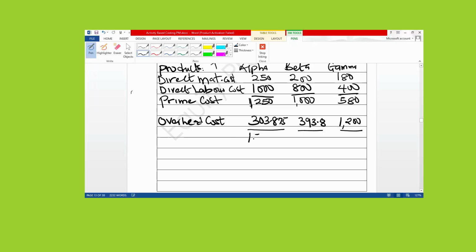Next, 1393.8. Then the last one, 1780. Cost per unit. Done with requirements.